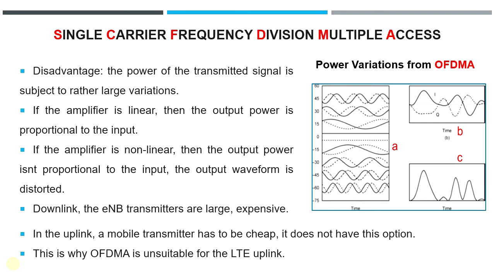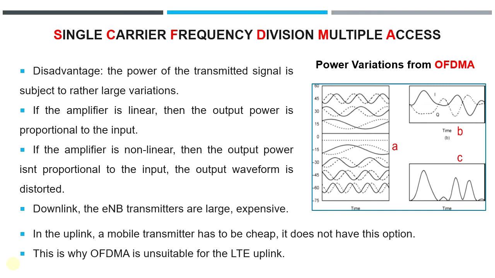To illustrate this, the figure beside shows a set of subcarriers that have been modulated using QPSK and which therefore have constant power. The amplitude of the resulting signal, as you can see beside, varies widely, with peaks where the peaks of the subcarriers coincide, and zeros where they cancel.